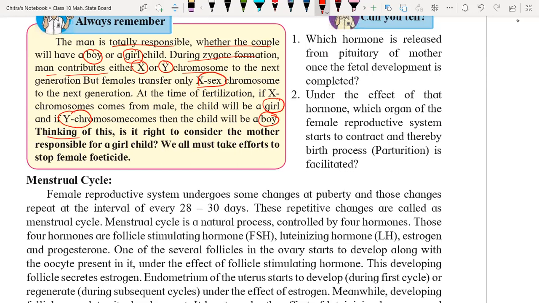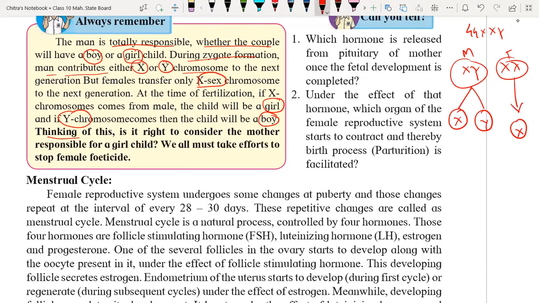See, we have the male gamete, 44 plus X and Y. So I'm just taking XY. This is the male combination, and XX is the female combination. Is it or not? So the male combination will form two kinds of gametes. One will be X and the other will be Y. But in case of female, we have only X chromosome. We have both X, that means they will give only one kind of gamete.